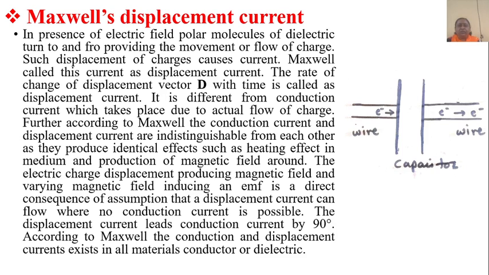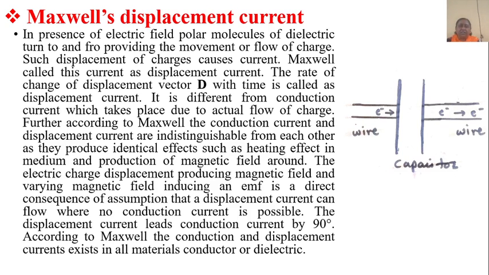Further, according to Maxwell, the conduction current and displacement current are indistinguishable from each other as they produce identical effects, such as heating effect in medium and production of magnetic field around.